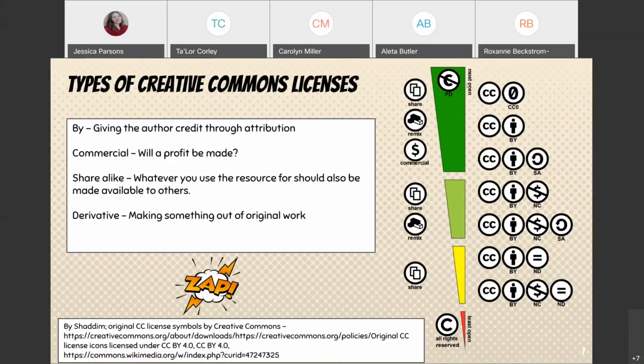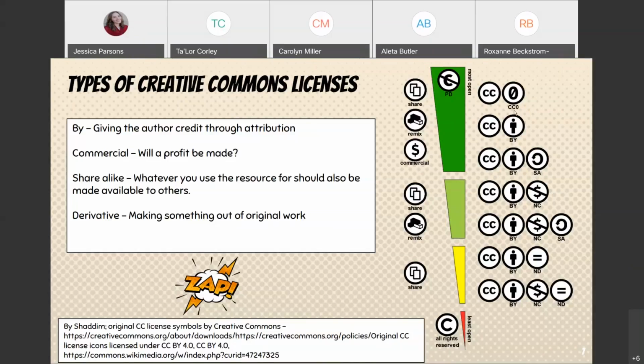But there's all of this playroom between the top and the bottom where we are allowed to share things with our students or make things that we create available to others to use, possibly to remix or recreate or adapt for what they need. So when we're looking at Creative Commons licenses, we'll see some information that's given to us.